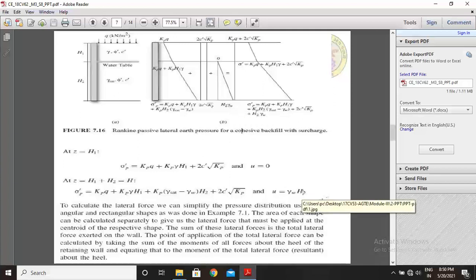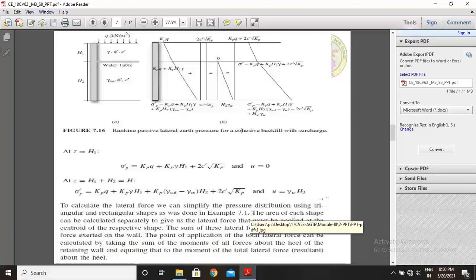So we are calculating passive earth pressure at different depths. To calculate the lateral force, we can simplify the pressure distribution using triangular and rectangular shapes, as done in example 7.1. The same procedure applies here. The area of each shape can be calculated separately to give the lateral force, which acts at the centroid of the respective shape. The sum of these lateral forces is the total lateral force exerted on the wall.